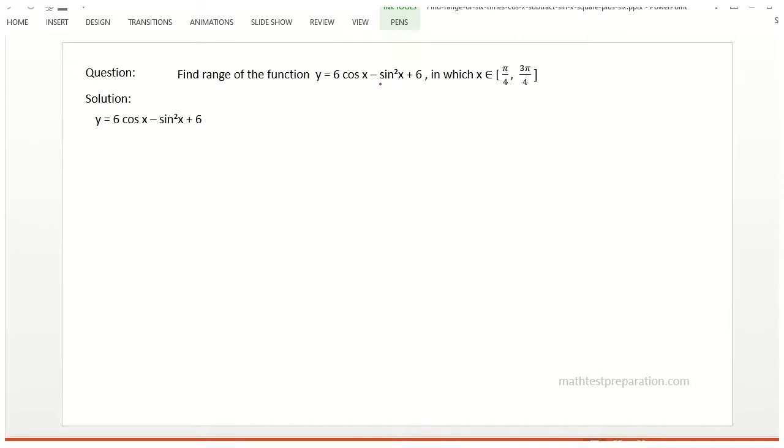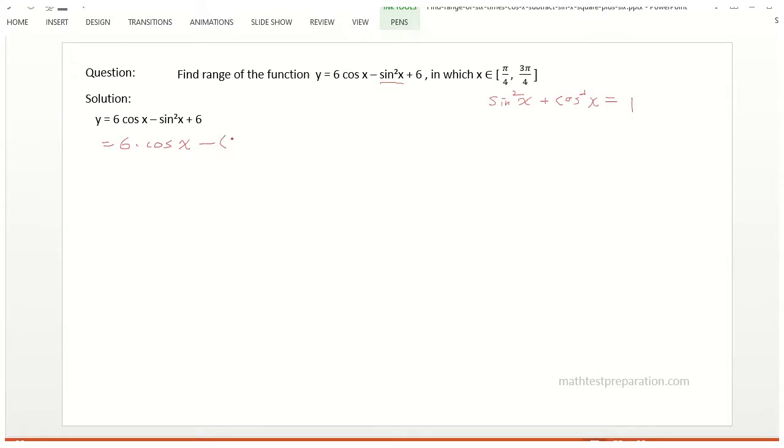Because here is a sine x squared, I'm going to use the formula sine x squared plus cosine x squared equals 1. So y equals 6 times cosine x subtract sine x squared.